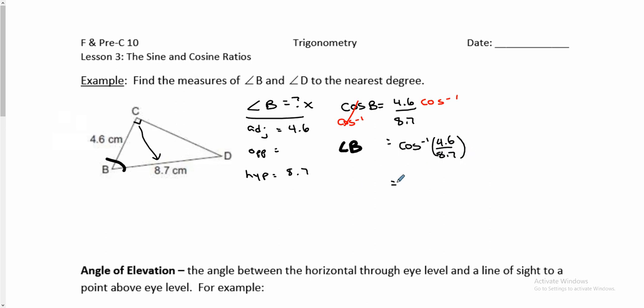Okay, so cos inverse bracket of 4.6 divided by 8.7, close the bracket. Making sure the calculator is in degrees, the nearest degree is 58 degrees.